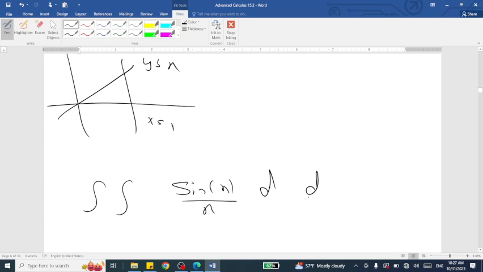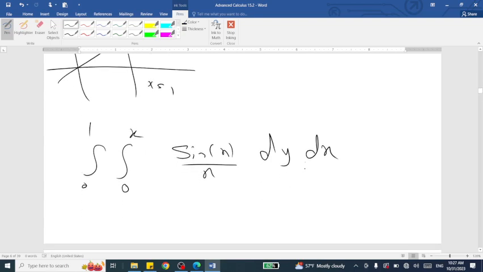Instead of dy by dx, okay. So the boundary of x is between, how about here? We solved it before, right? We know how to do it. Okay, I'll get what?